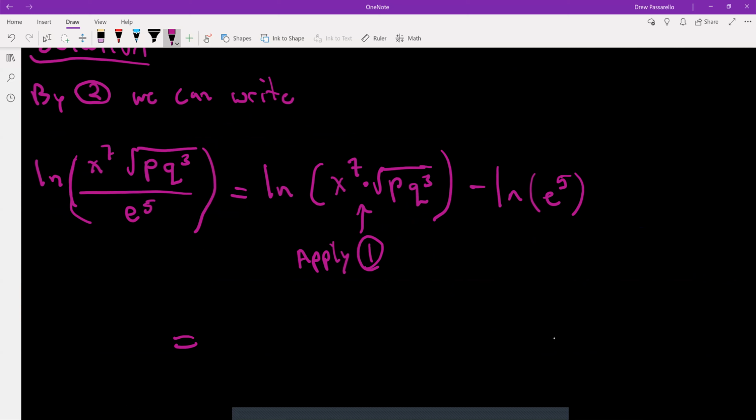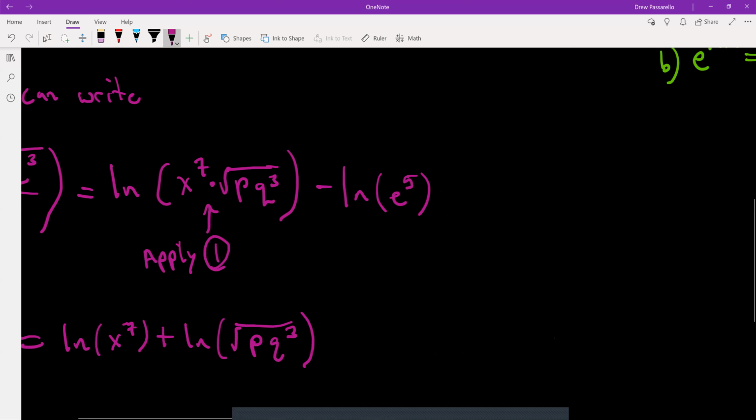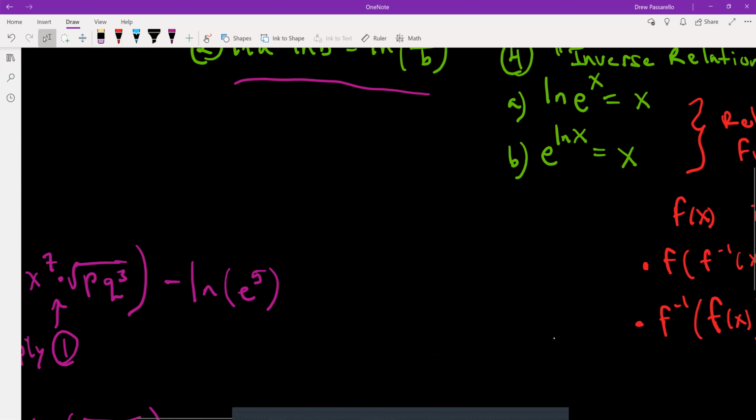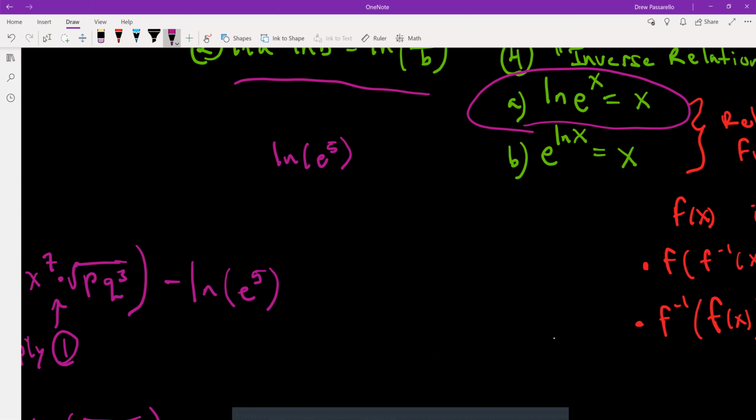All right, so that's going to be equal to, and I'll put it as a natural log x to the 7 plus the natural log of this square root of p times q to the third. And the natural log of e to the fifth, well, because of the inverse relationship, so because of this one, you could write natural log e to the fifth, like your 5 is considered to be x in this case.